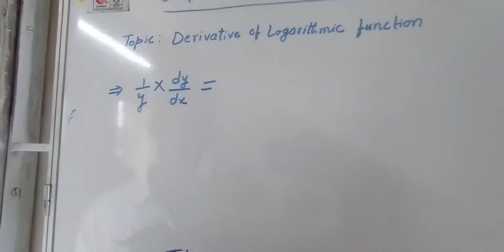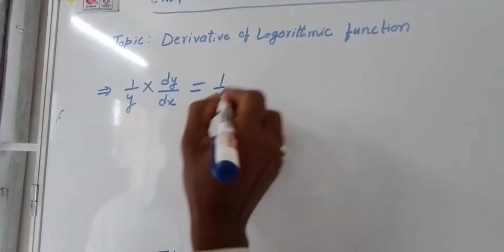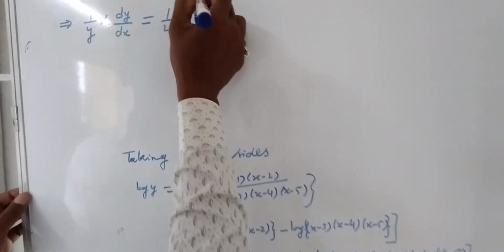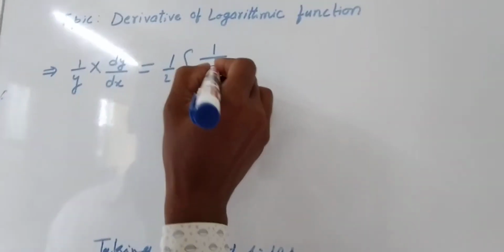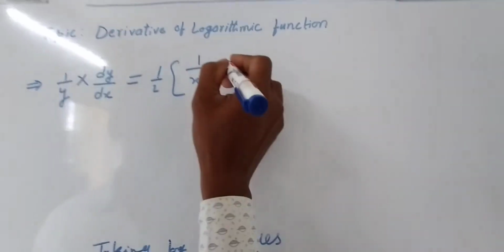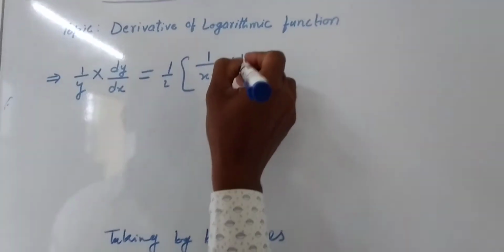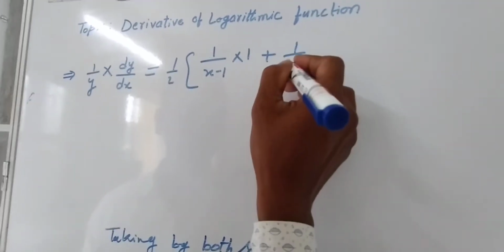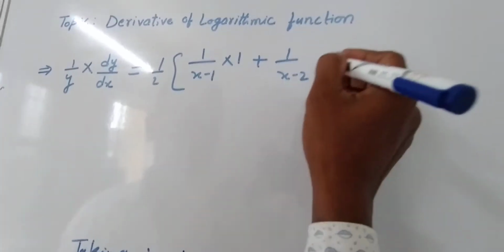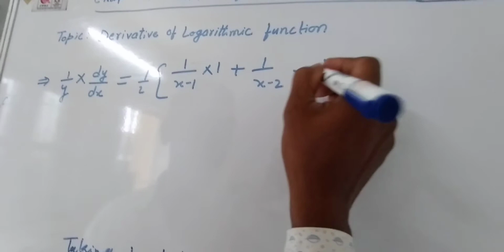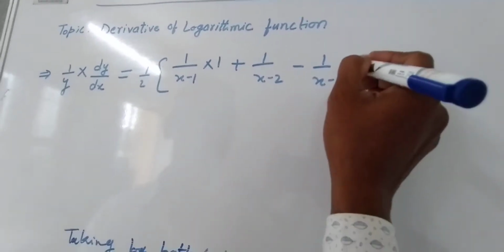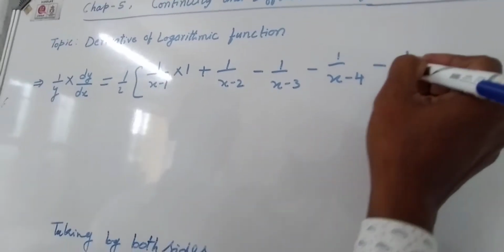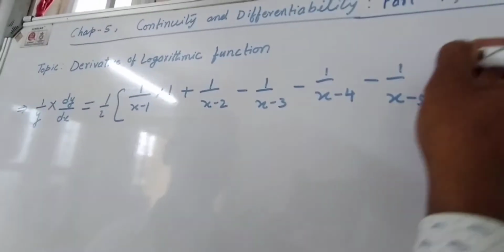So this is equal to 1 by 2 and derivative of log x minus 1 is 1 by x minus 1 and derivative of x minus 1 with respect to x is 1. Similarly second term 1 by x minus 2 and minus 1 by x minus 3 minus 1 by x minus 4 minus 1 by x minus 5.